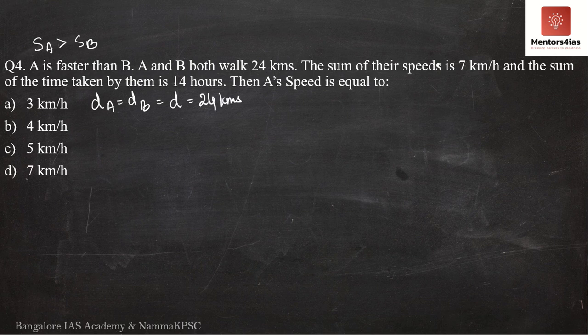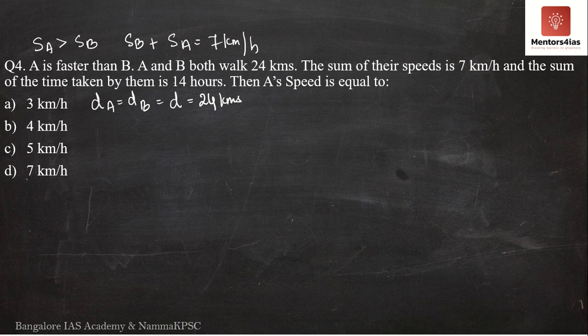The sum of their speeds is equal to 7 kilometers per hour. Okay, SA is greater than SB, but also SA plus SB is equal to 7 kilometers per hour, and the sum of the time taken by them is 14 hours.